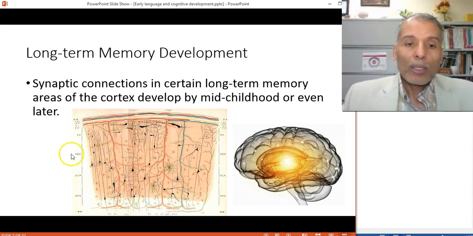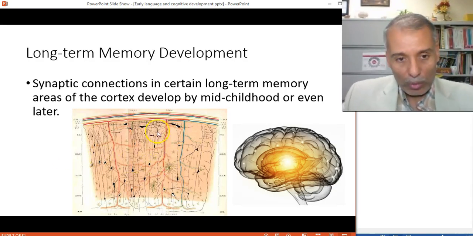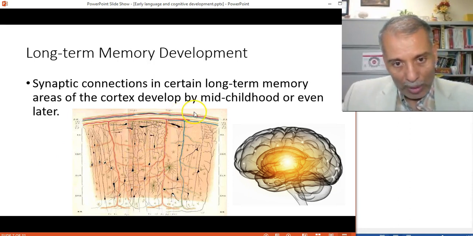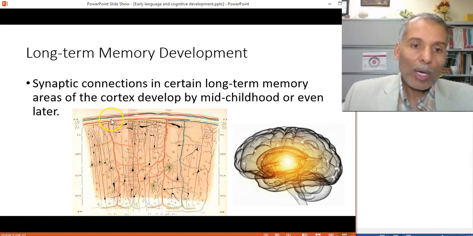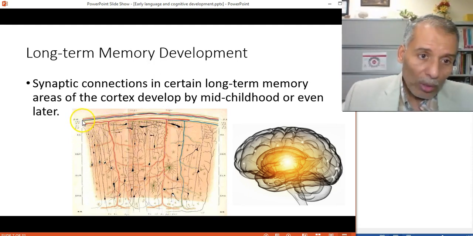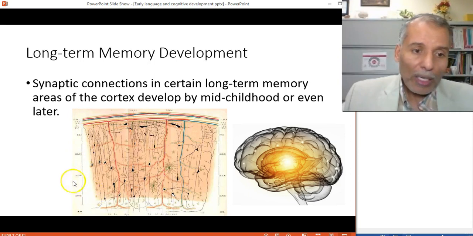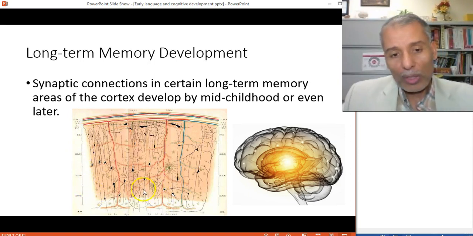And so you can see here, for example, these are the layers of the cortex, and there are neurons that span through them. So here's 1 layer, 2, 3, 4, 5, 6 layers. Each one is named after what kind of nerve cell lives in it.